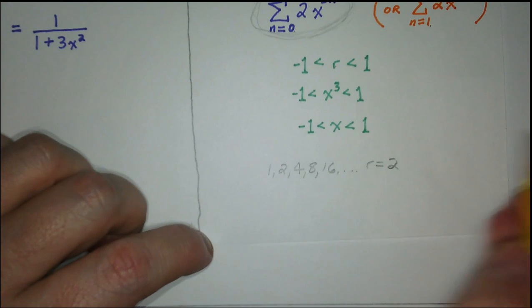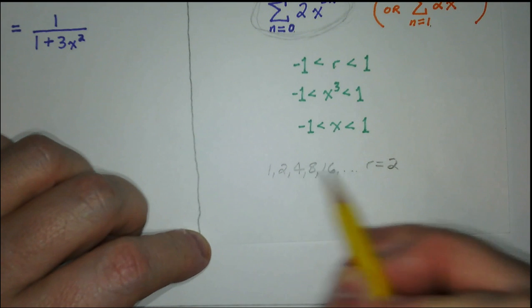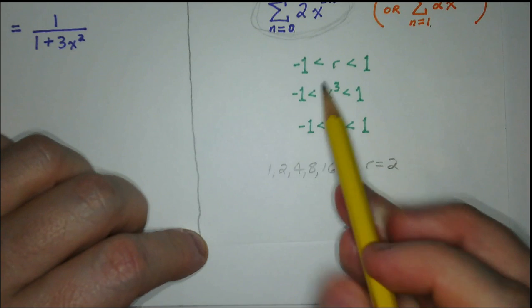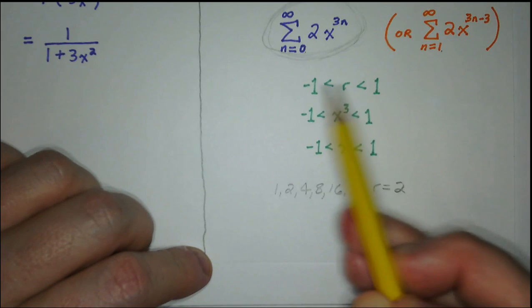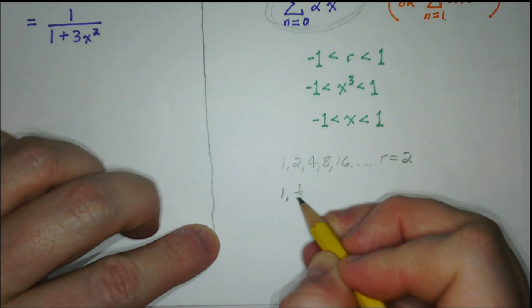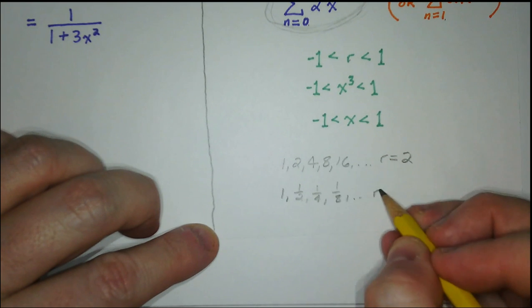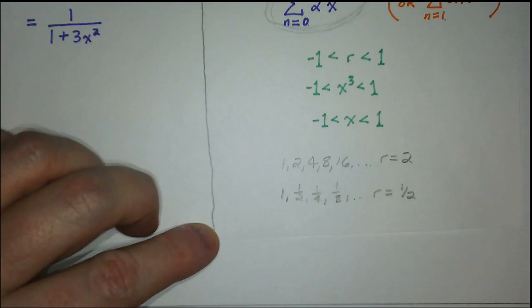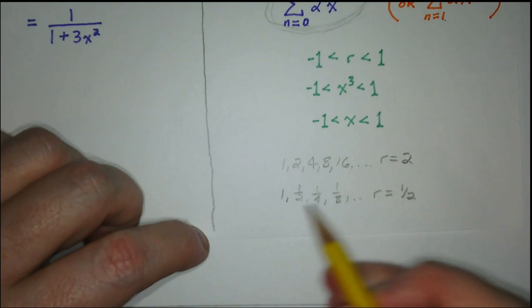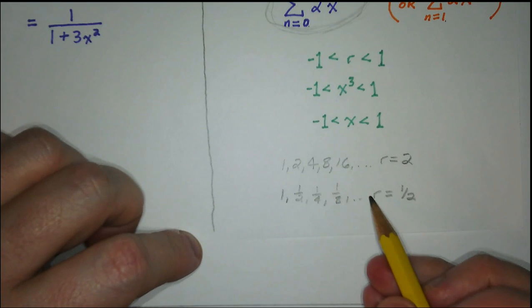And so you would flat out say this infinite sum, this series, does not converge because your r value does not fit the criteria. But if you had 1, 1/2, 1/4, 1/8, where your r value was flat out 1/2, then you would say yes, this geometric series actually converges, and you can figure out what it converges to.